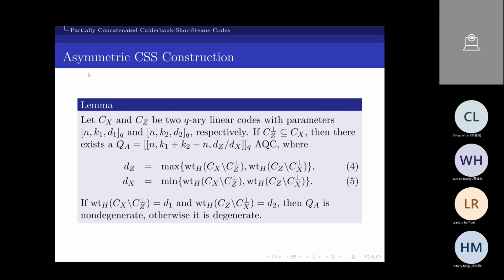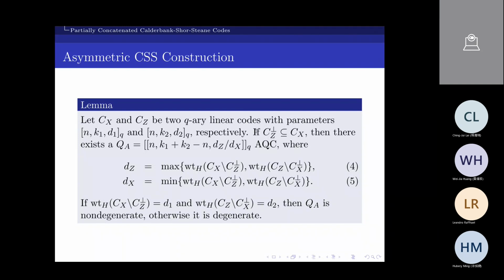Also, we have an asymmetric construction of a CSS code because in many quantum channels, the error probability of Z errors is much larger than that of X errors. So this phenomenon exists very generally in quantum channels.